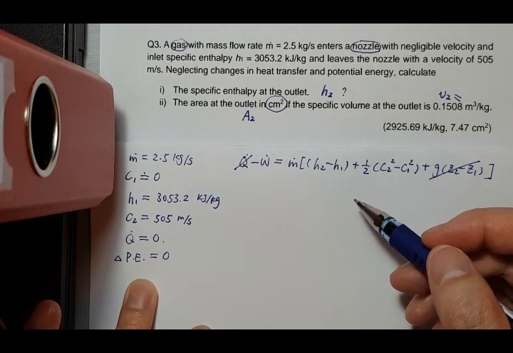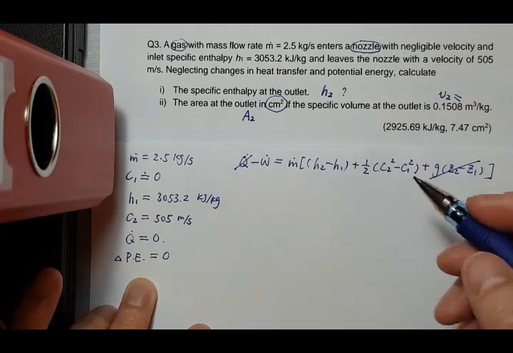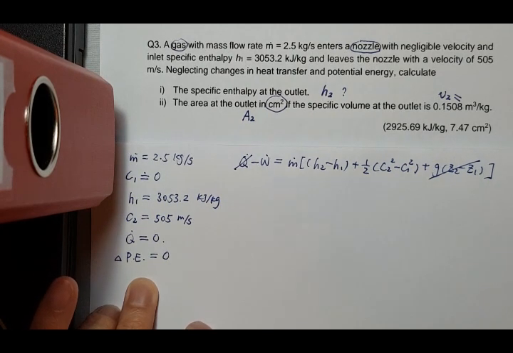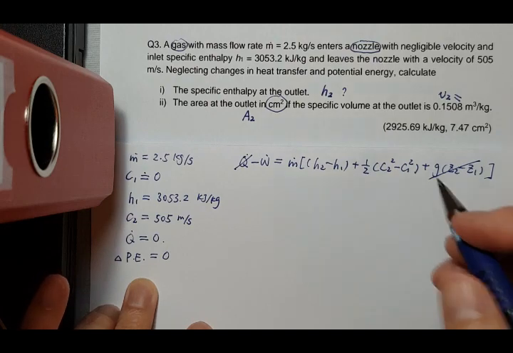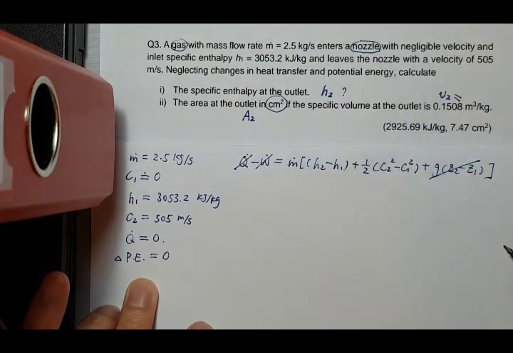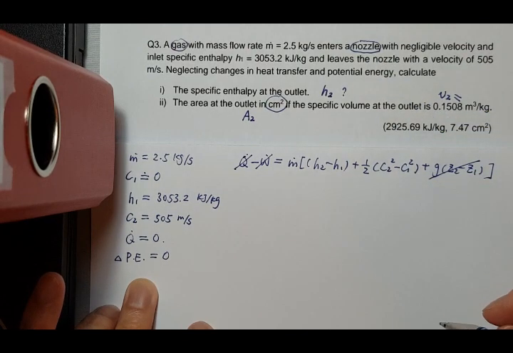All the other devices are not able to provide any work, and also you don't need to input work for that device to be working, which means that the work transfer is 0 for the nozzle, because the nozzle is used mainly to increase air velocity.